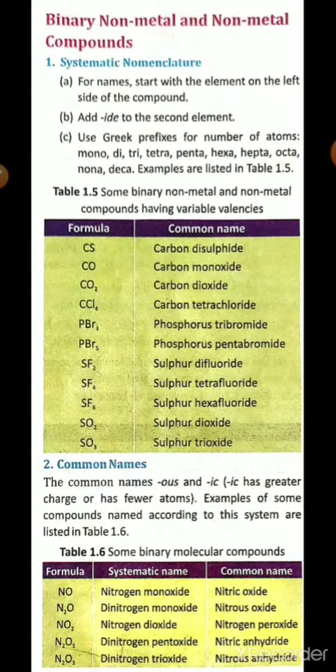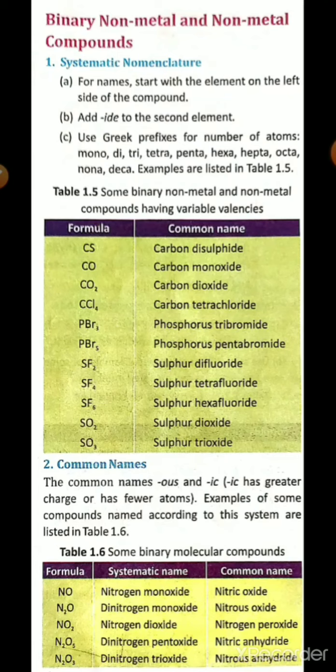Okay, then third step, use Greek prefixes for number of atoms, that is mono for 1, di for 2, tri for 3, tetra for 4, penta for 5, hexa for 6, hepta for 7, octa for 8, nona for 9, and deca for 10. Okay, here some non-metals are written, and their variable valencies.